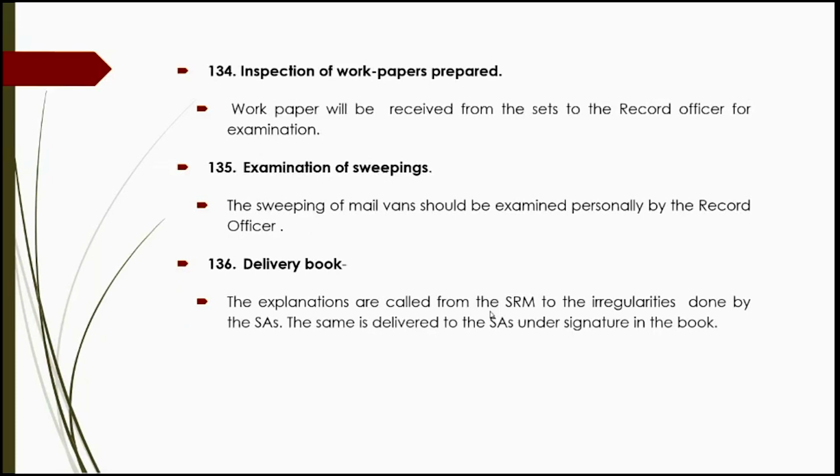So when a letter is received from the superintendent calling for the explanation of a particular sorting assistant, that letter is delivered to the sorting assistant after making an entry in the delivery book and getting his acquittance. So the delivery book contains a record regarding the explanation letters called for by the superintendent. It is delivered through the delivery book.